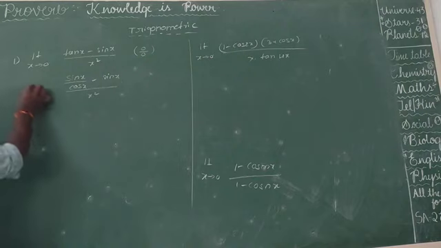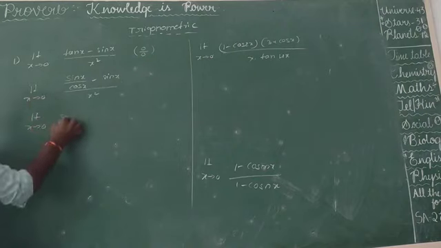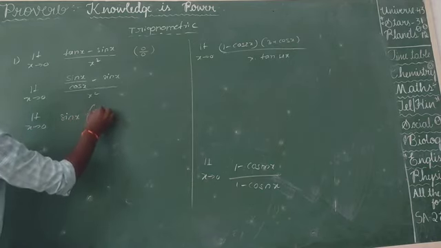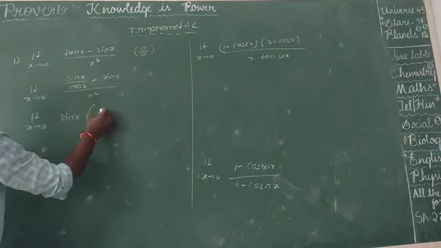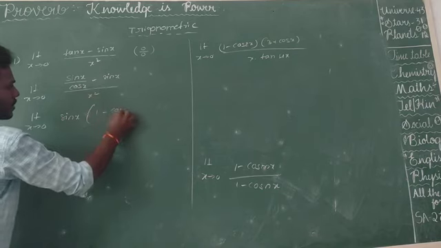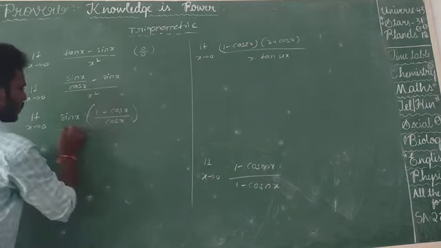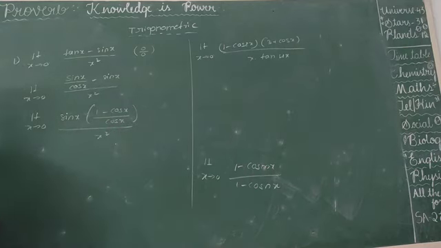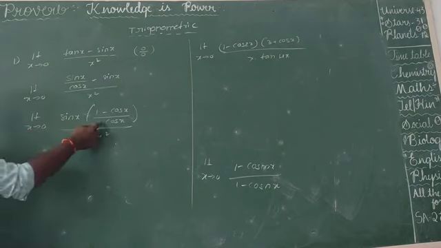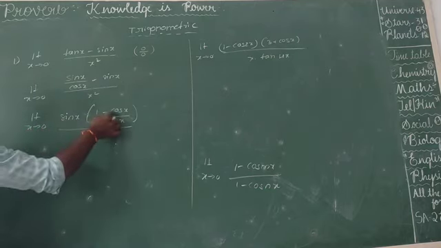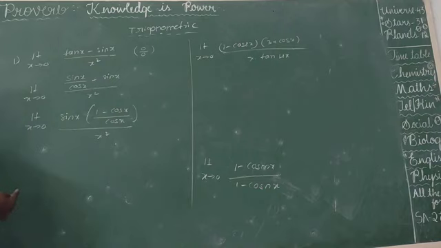That is limit x tends to 0, sin x of 1 minus cos x by x square. Okay, right. So sin x, and the 1 minus cos x value, just wait, I think it's x cube.